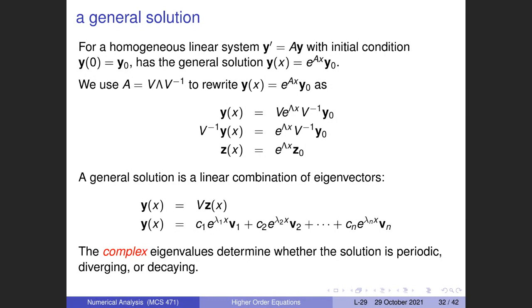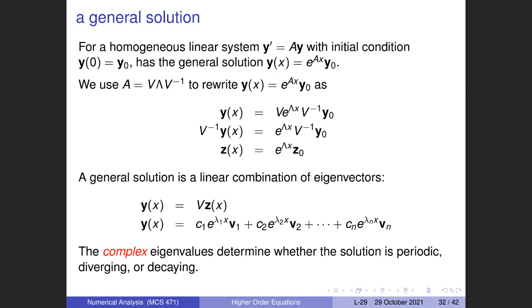So the general solution with the decomposition: computing the matrix exponential is actually hard, but it's not so hard if you do this on paper, because the matrix exponential is now the exponential of the matrix of eigenvalues multiplied by x. And we can do a coordinate transformation using the basis of eigenvectors.